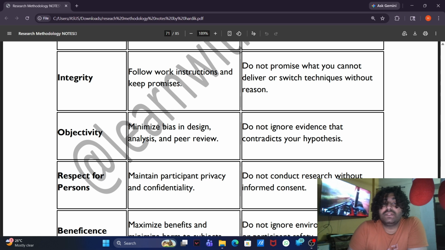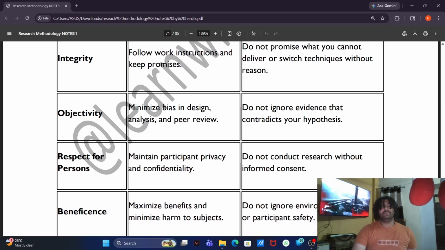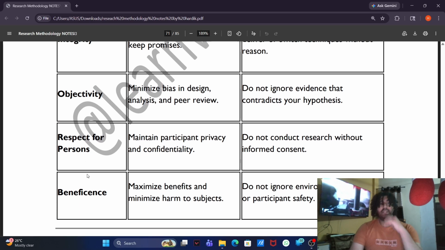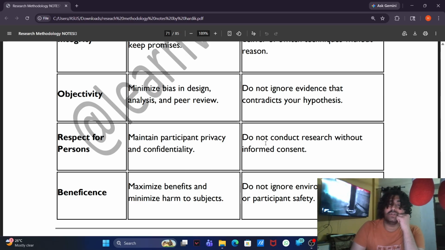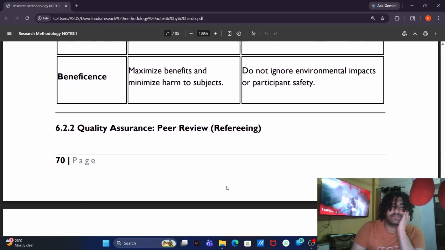Objectivity: minimize biases in design, analysis, and peer review. Do not ignore evidence that contradicts your hypothesis. Respect for persons: maintain participant privacy and confidentiality. Do not conduct research without informed consent. Beneficence: maximize benefits and minimize harm to subjects. Do not ignore environmental impact or participant safety.